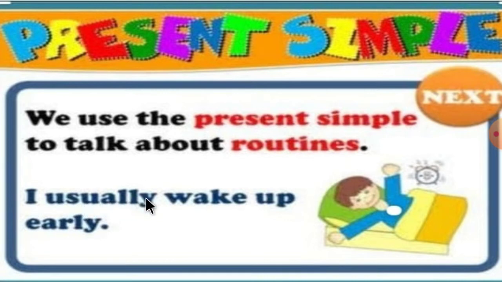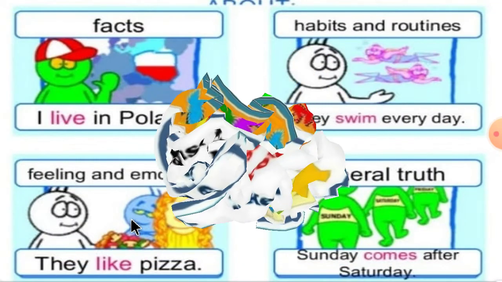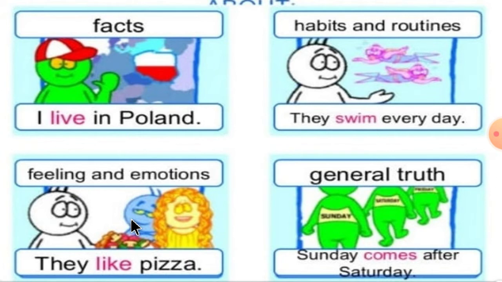I usually wake up early. Let's see the four things for which we use simple present tense: facts, habits and routines, feelings and emotions, and general truth.